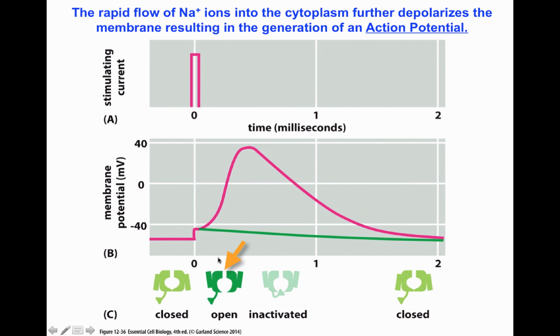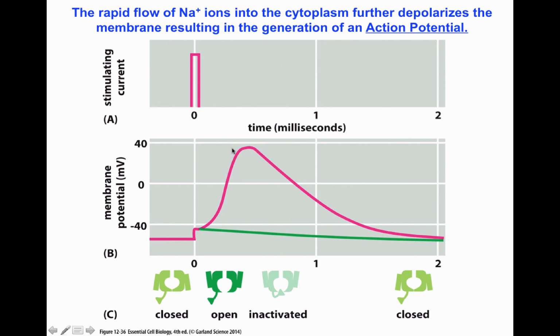When they open, they're going to allow the influx of sodium ions inside the cytoplasm, and that is going to result in the action potential becoming greater and greater and moving from a negative membrane potential to a positive, because you have positive ions moving inside the cell.